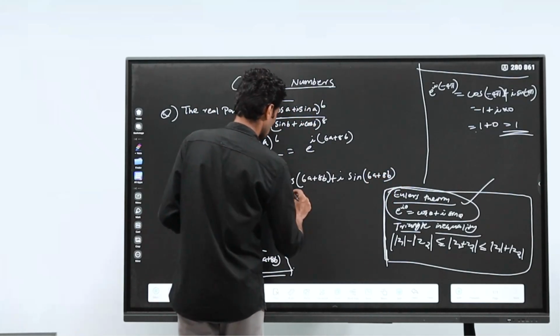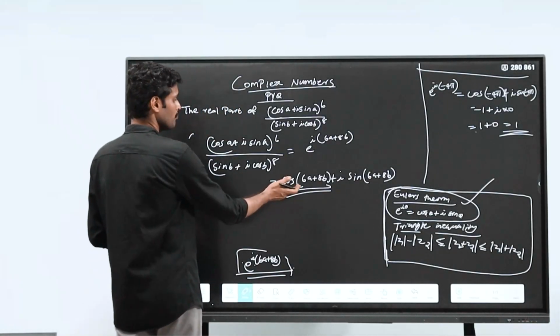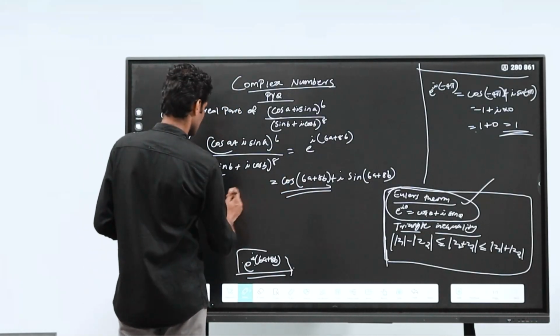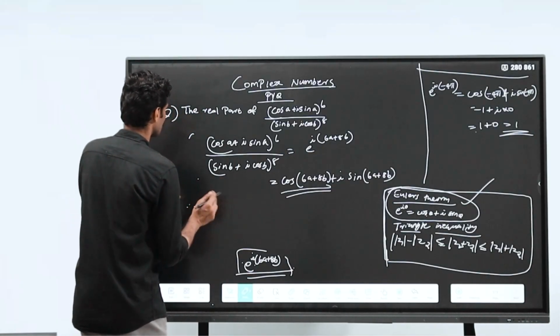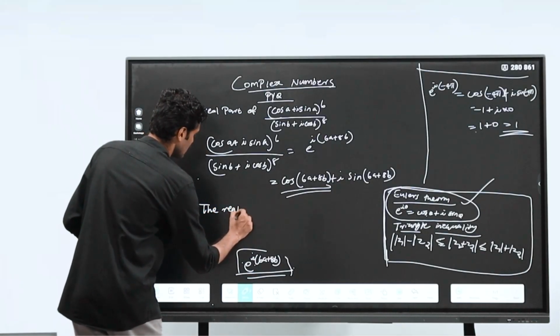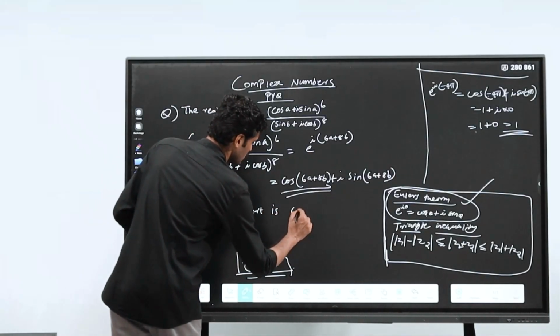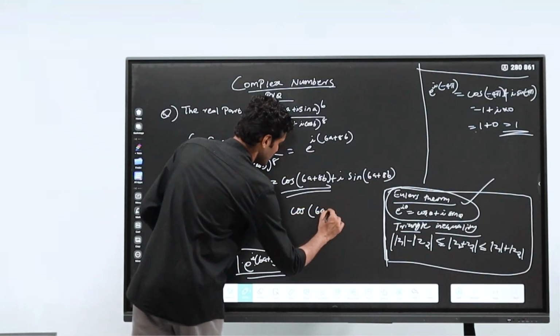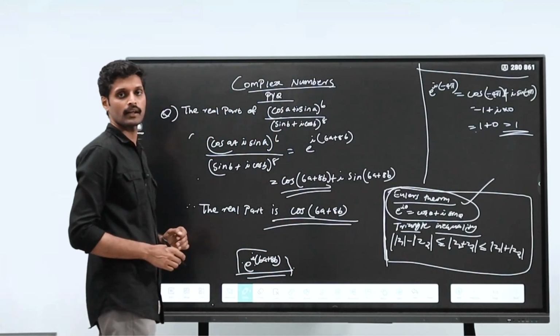So the question is, what is the real part? The real part is this one. Therefore the final answer of this question, the real part, is cos of 6a plus 8b. This is the final answer.